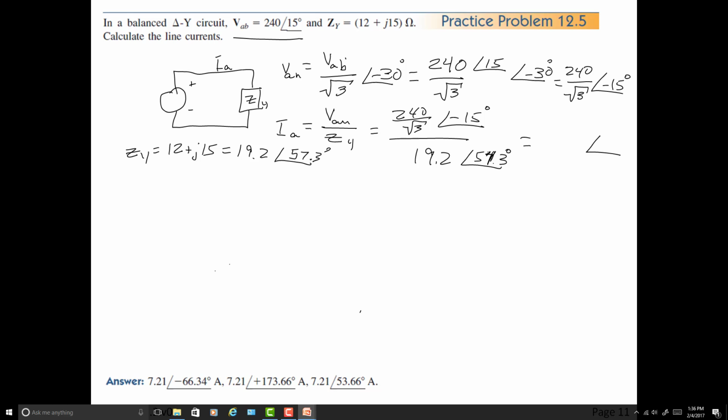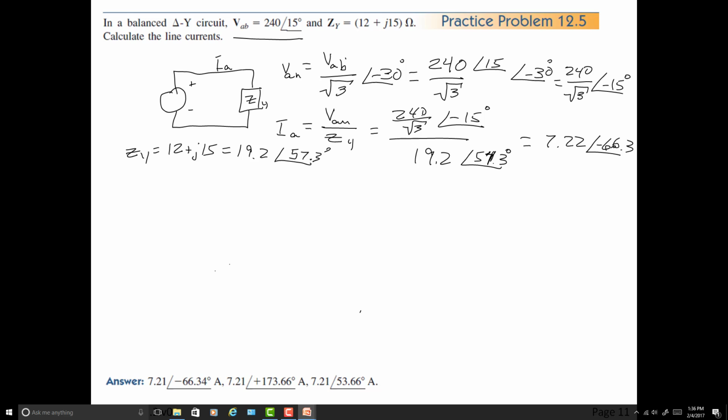I knew it was closer to 45, 51 degrees. So 51 brought up to the top is going to be minus 66.3 degrees. And all of this math, you'll just have to trust me on it. It's about 7.22 by the time you grind all that out.